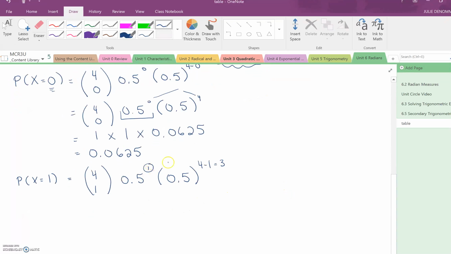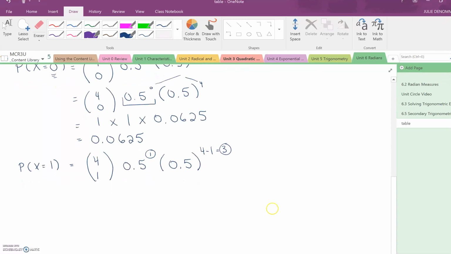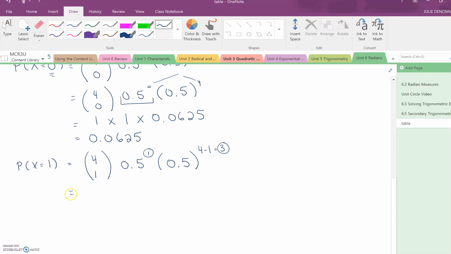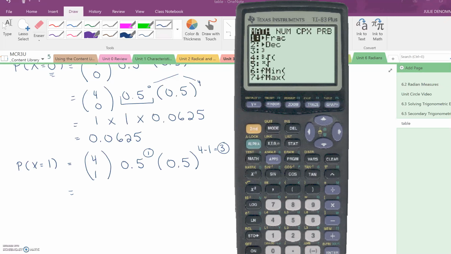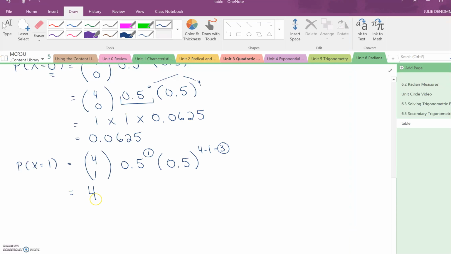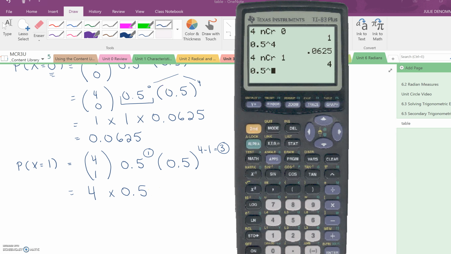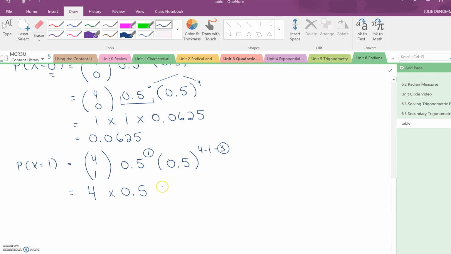So remember that this number and this number need to add up to the total number of trials. So when you type that in, you get 4 choose 1, which is 4, so it can happen 4 ways. 0.5 to the power of 1 is 0.5, and 0.5 to the power of 3 is 0.125.